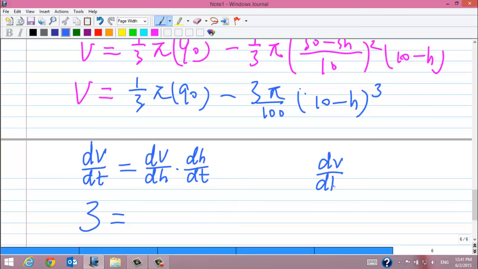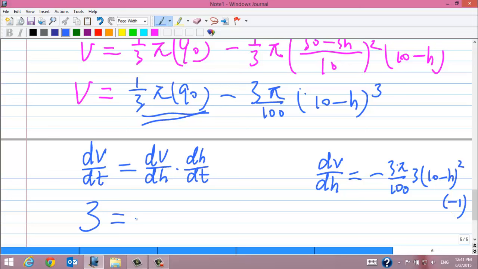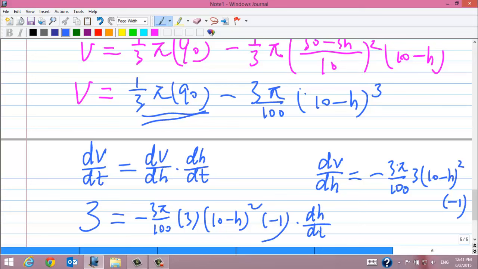Let's do it over here. This one disappears, so minus 3 pi over 100 copy, then the 3 brings down, then (10 minus h) to the power 2, and times minus 1. So it's going to be minus 3 pi over 100 times 3 and (10 minus h) squared, times minus 1, times dh/dt.